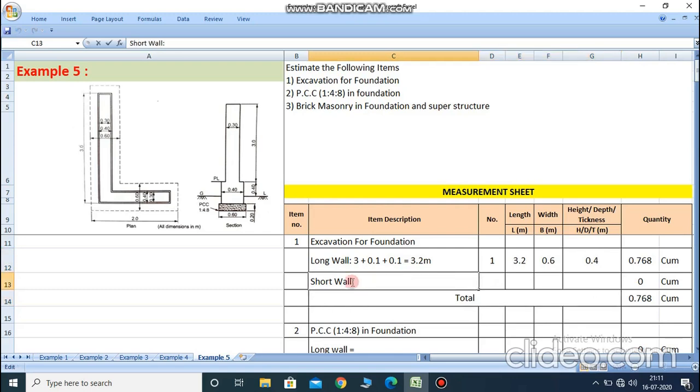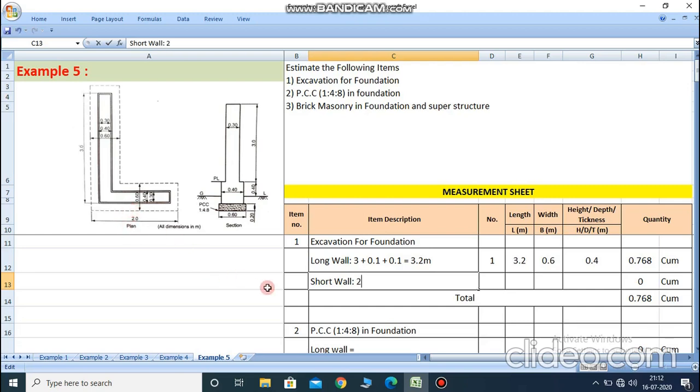Now we calculate the short wall. So here the short wall part is this. See this cursor point. So here the short wall part is this, but this portion is already calculated in the long wall. So we calculate only for this part. Clear? So here 2 is already given in the figure.